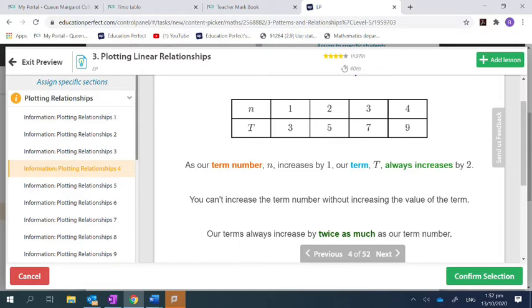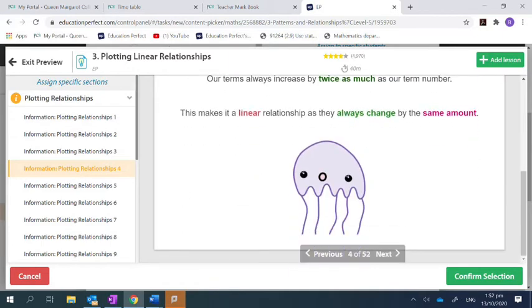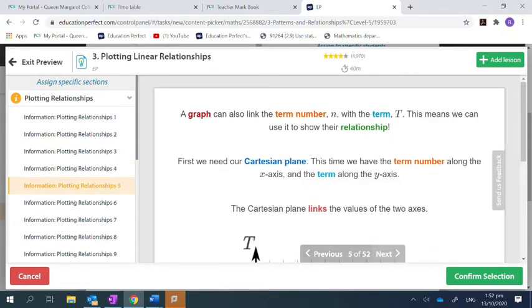So there's a common difference of 2, twice as much. We actually looked at this one, I think, before. So this is a linear relationship because they always change by exactly the same amount. And when we were looking for those, we called that a common difference.